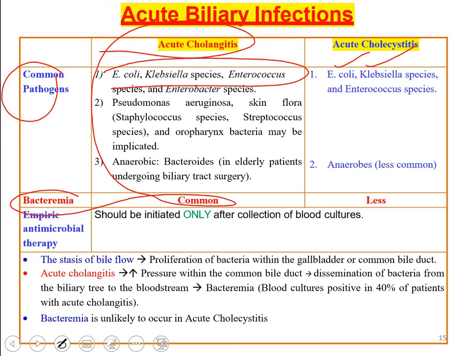So care shall be taken if the CBD is dilated and there is fever and infection. Your treatment shall be very aggressive, so as to combat the possible bacteremia and subsequent septicemia. So you should be quite vigilant in the selection of the antibiotic as well.